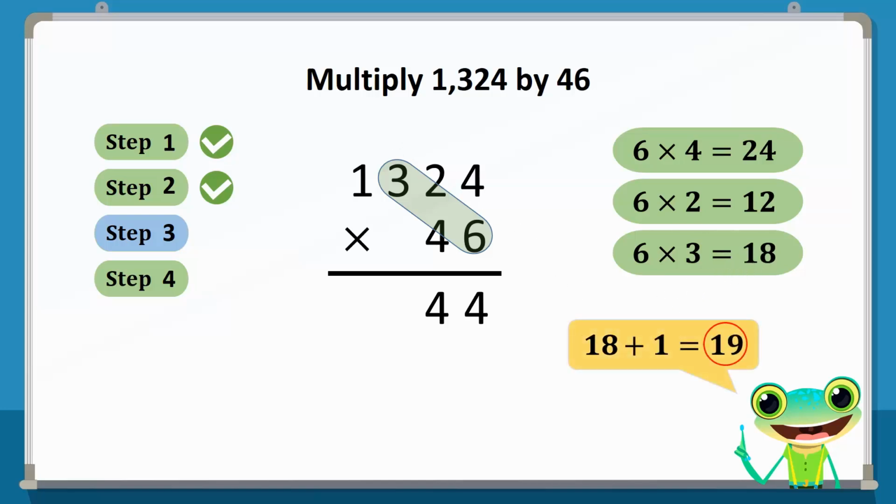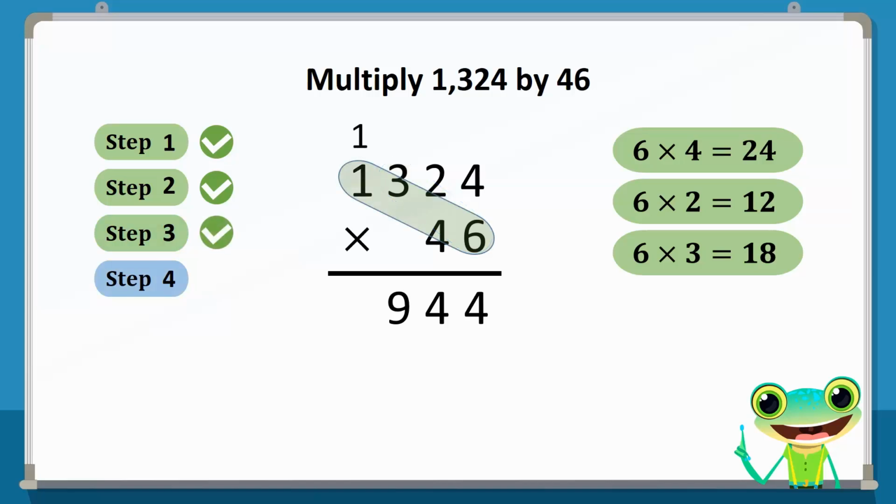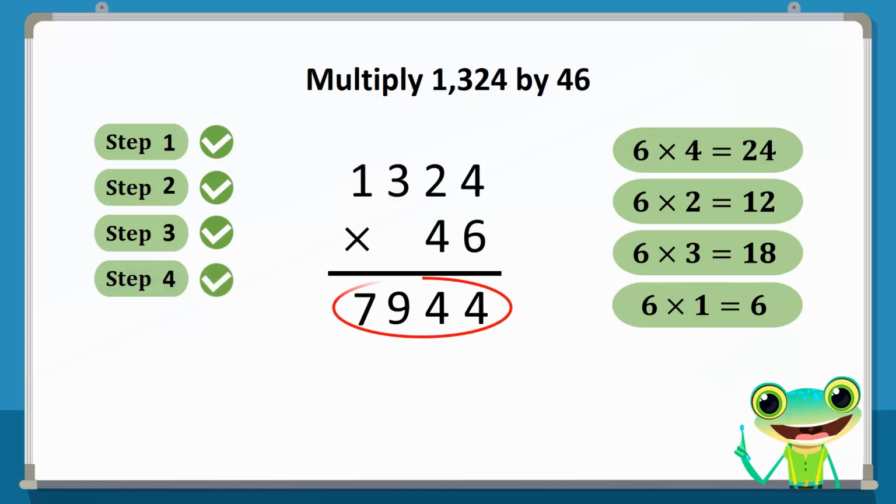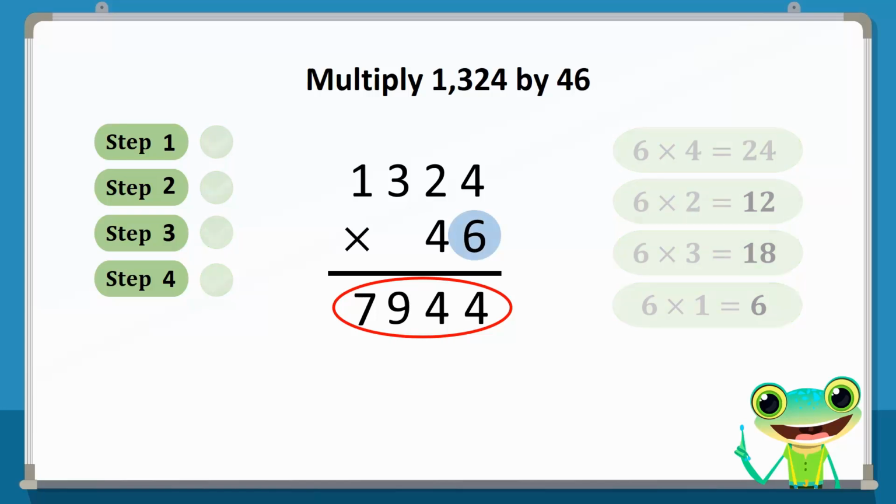Again, write 9 in the hundreds place and carry 1 to the thousands place. In the last step, we multiply 6 with 1 and add 1 that we carried over from the previous step. This is the answer that we got for the first digit of the bottom number.